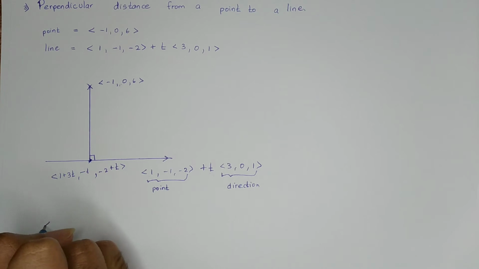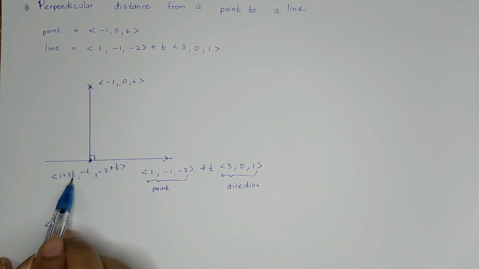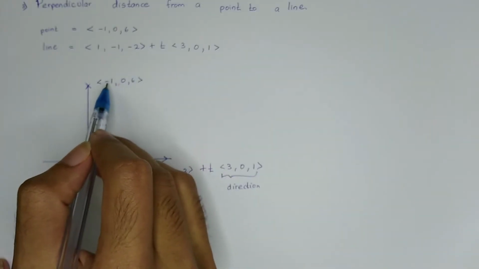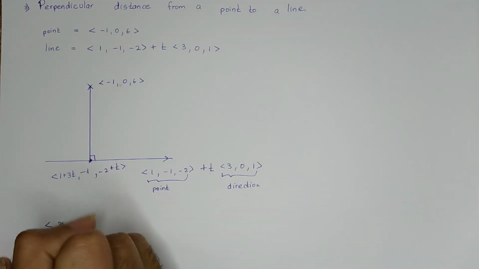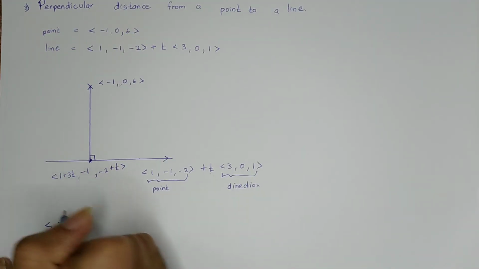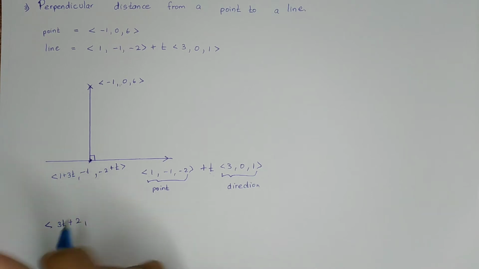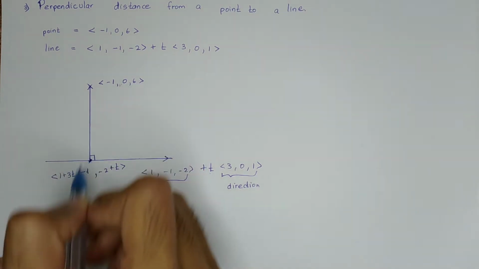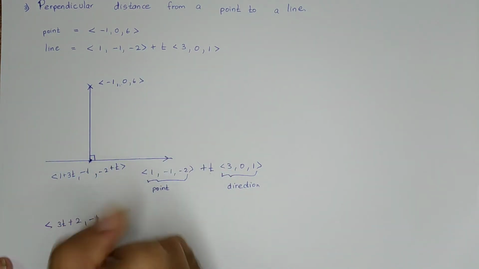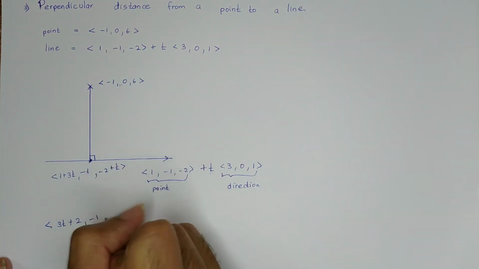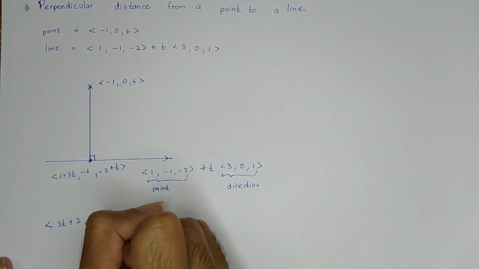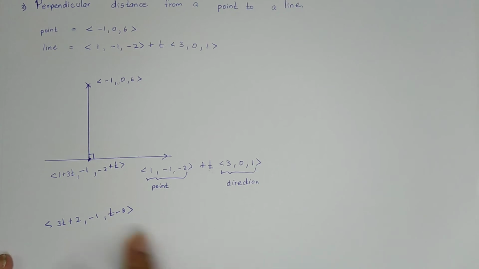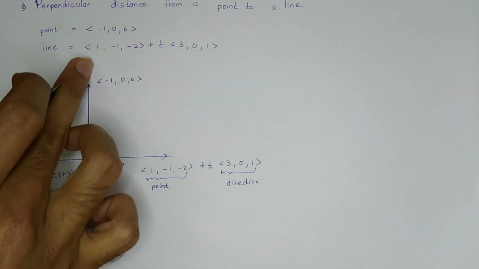If I deduct, I will be getting 1 plus 3t minus 1, so I'm going to get 3t. Then 3t plus 2. If I deduct minus 1 minus 0, minus 1, t minus 2 minus 6, I'm going to get minus 8. So this is the direction vector of this line.